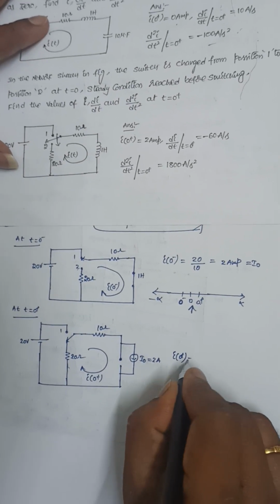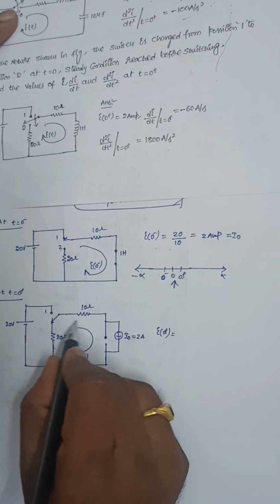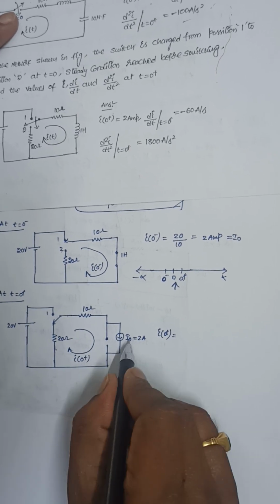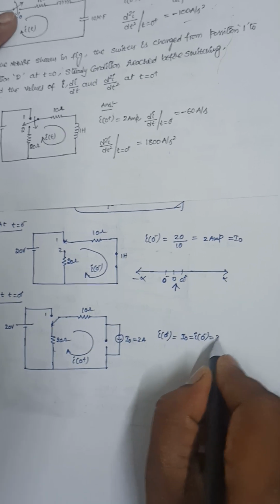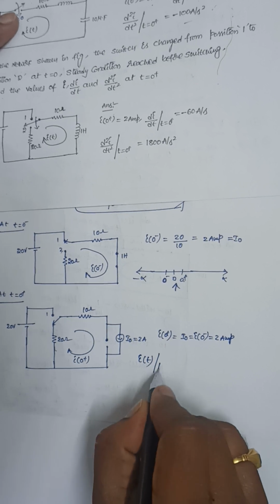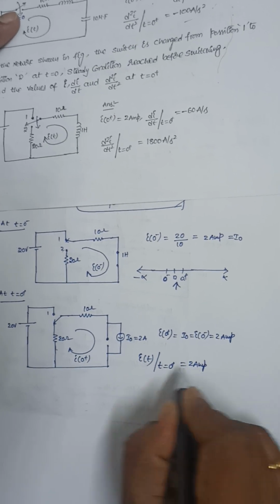From this circuit, this current will flow like this. So i of 0 plus is equal to I0, that is equal to i of 0 minus, that is equal to 2 amperes. So the value of i of t at t equal to 0 plus is equal to 2 amperes.